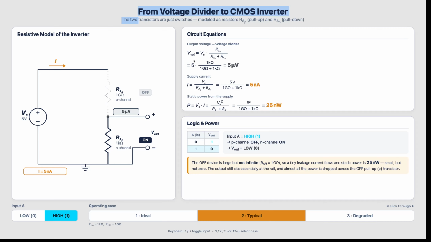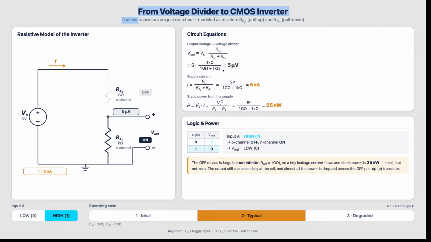What I've done here, and you don't need to know a lot of circuit theory to do this, this is one of the first things you learn in the first couple of weeks of a circuits course, is this idea of a voltage divider. You take this series loop of 2 resistances. You can calculate the output voltage by a voltage divider where we take RAN divided by the sum of the 2 resistances.